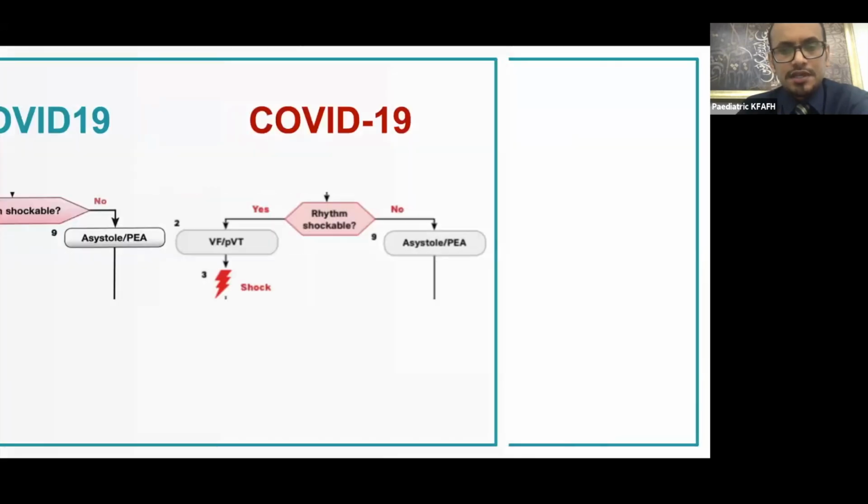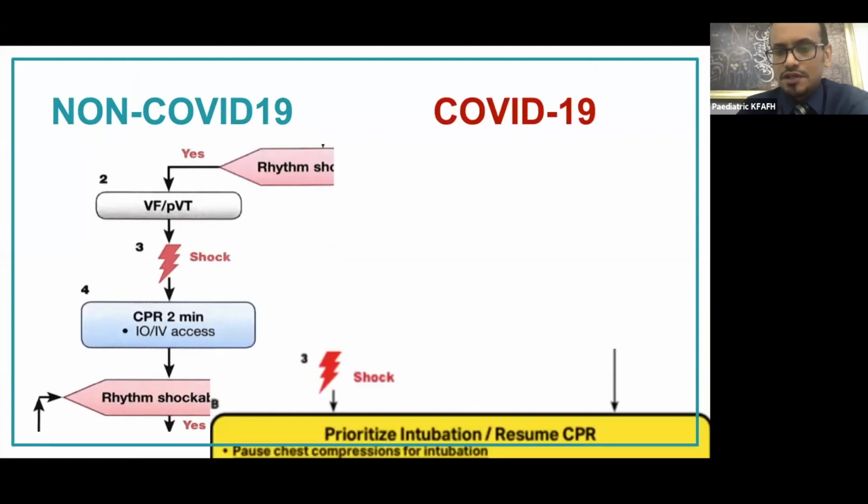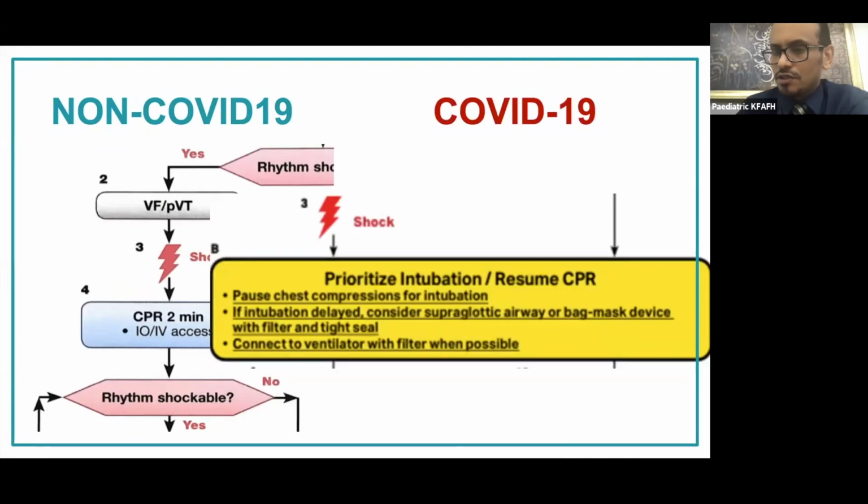So this is the current update, as I mentioned regarding PALS: make priority for intubation. I know during the event of resuscitation, people are always in a hurry and want to jump in to intubate. Once you don't have the PPE or the viral filter and the equipment, please review your equipment before you start, as we mentioned in the video before.